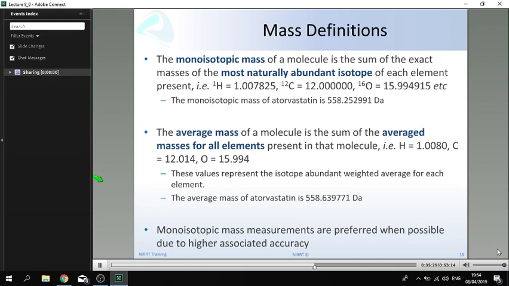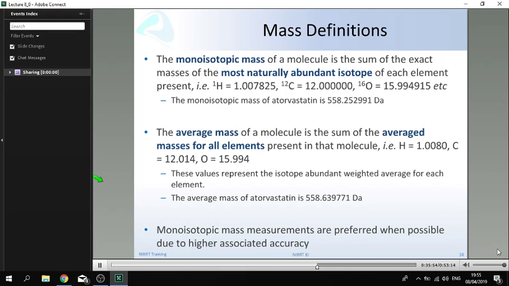So we have some mass definitions that are mentioned when talking about mass spec of certain elements. We have monoisotopic mass of a molecule. That's the sum of the exact masses of the most naturally abundant isotope of each element present. That would be hydrogen with 1 proton, carbon 12, or oxygen 16.